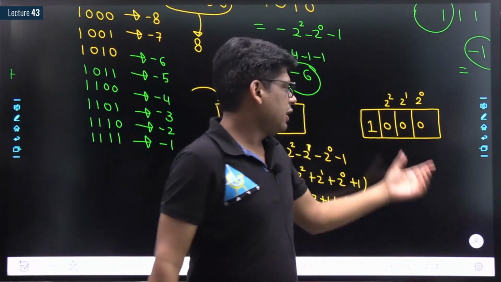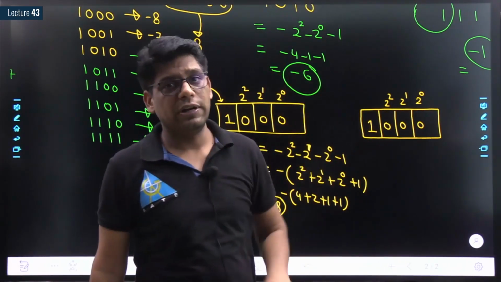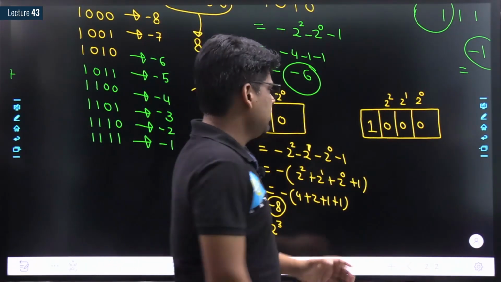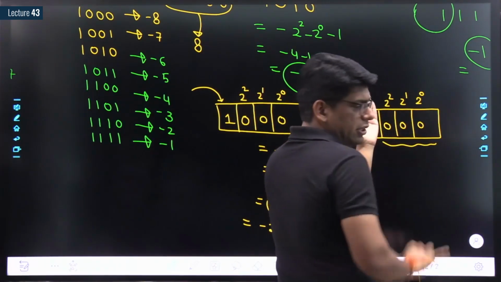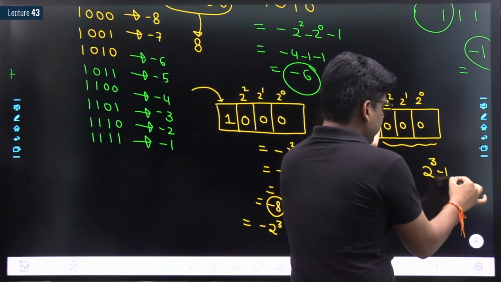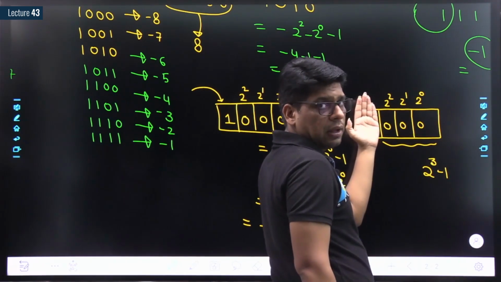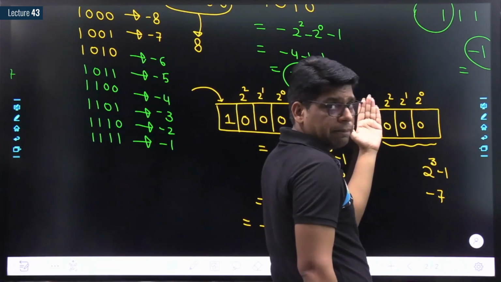If we are working on 5 ones, what is the answer? 2 to the power 5 minus 1. Done, sir. That means if I ask you, what is the value if I focus on continuous zeros? Sir, these are 3 zeros. That means the value will be 2 to the power 3 minus 1. Done. What is it? That means this is minus of 7.